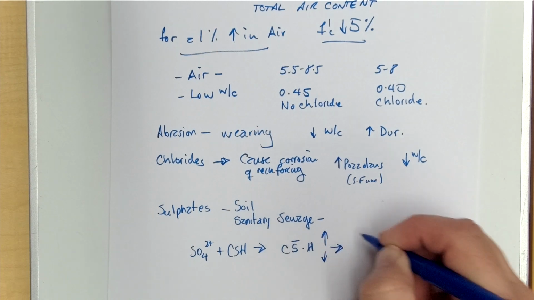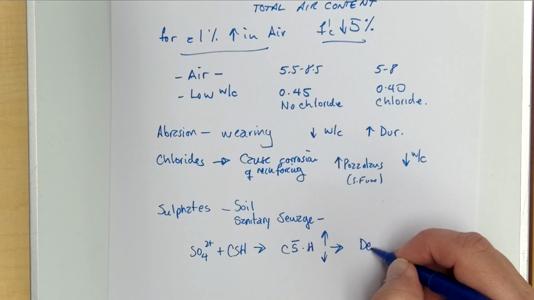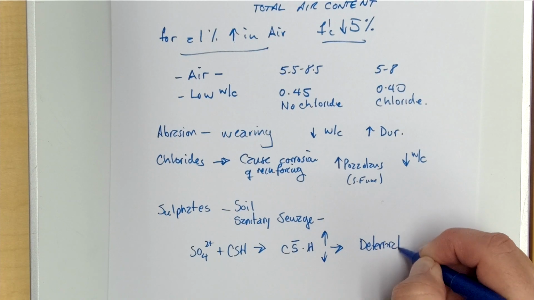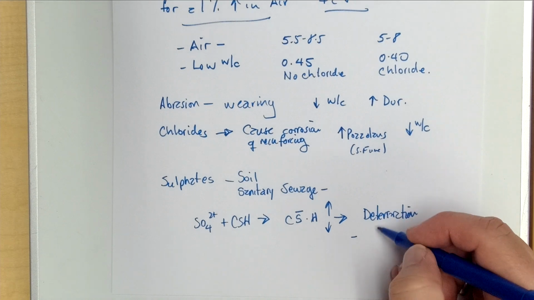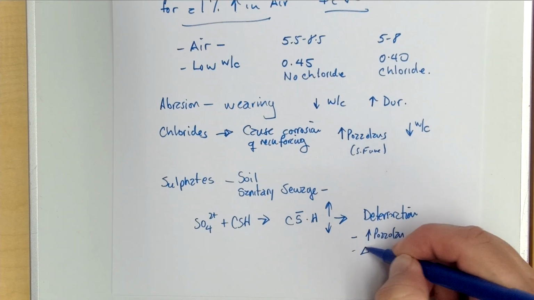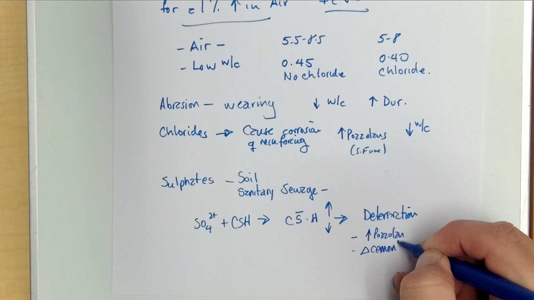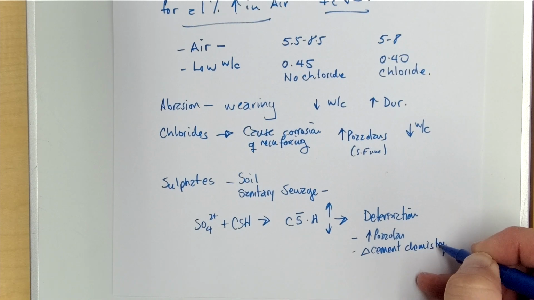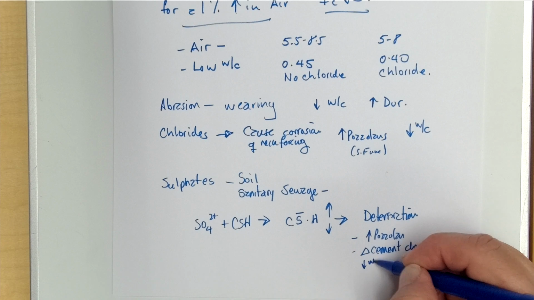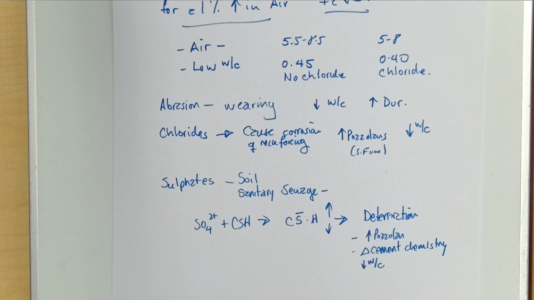This expands. So sulfate soil will cause deterioration of the concrete. How do we change this? We increase our pozzolan content. We change our cement chemistry, and what do you think? We decrease our water to cement ratio. So you're learning. If I want to keep water out, I decrease my water to cement ratio.